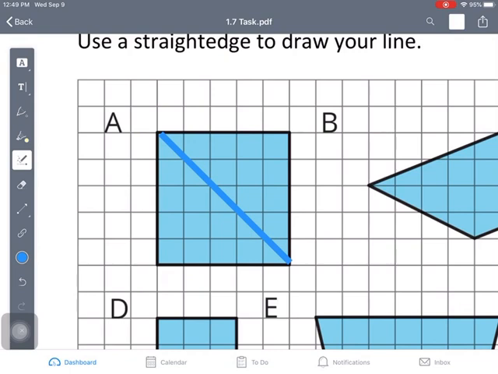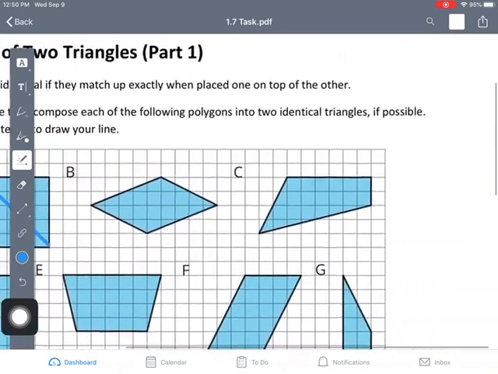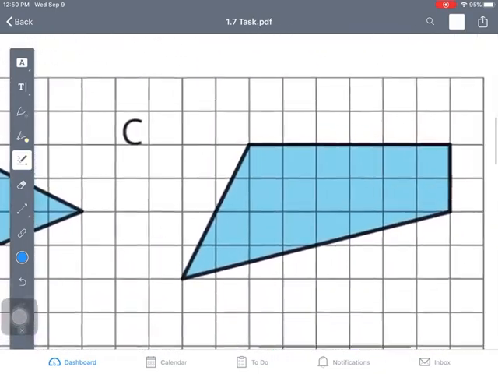And as you can see, if you select on that tool, when you draw your line, it automatically makes it into a straight line rather than having it be a little squiggly from your fingers. So that's always a good option to do. So here you can see that I have just decomposed this into two completely equal sections from this square. So now I'm going to try this over here in shape C.